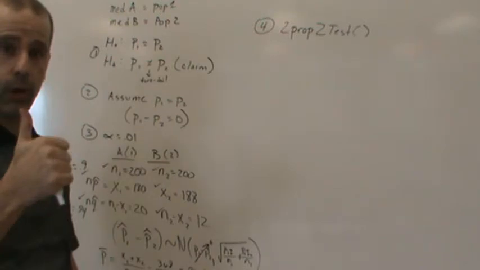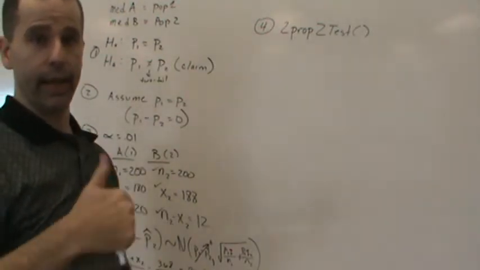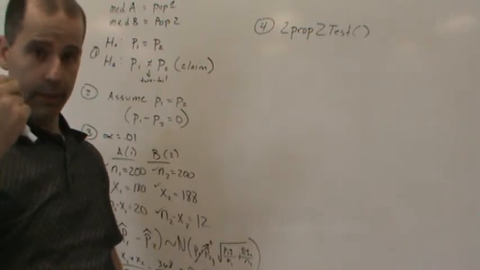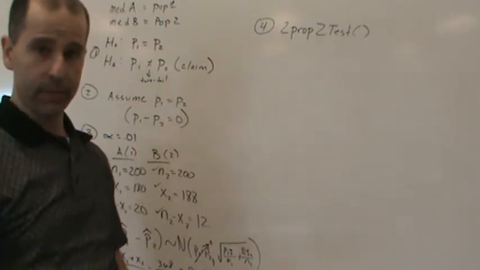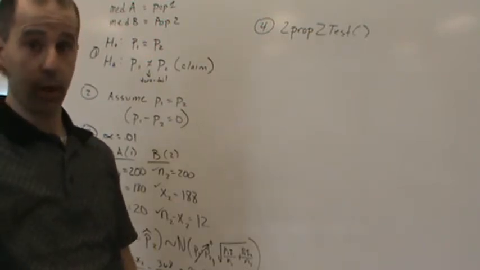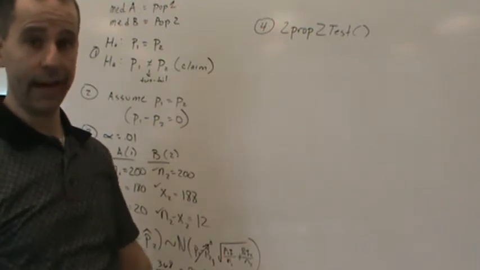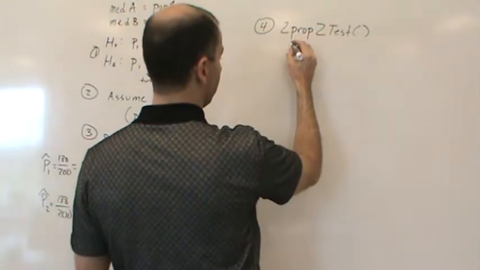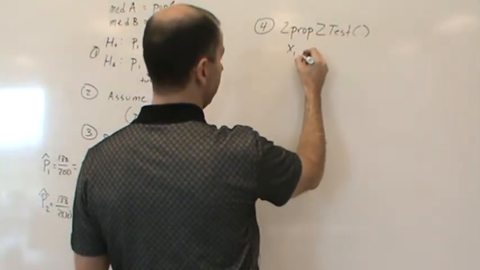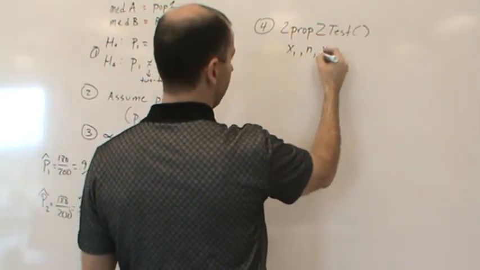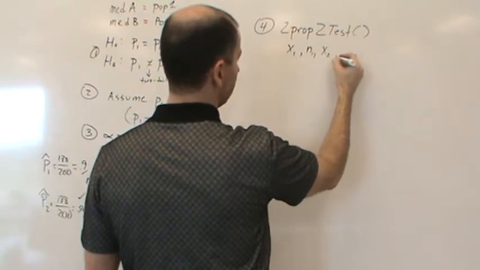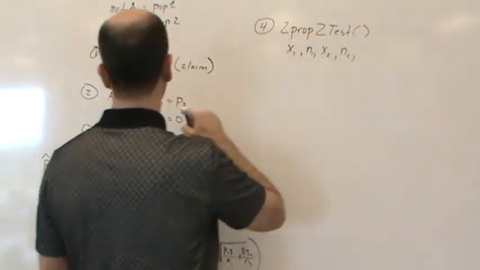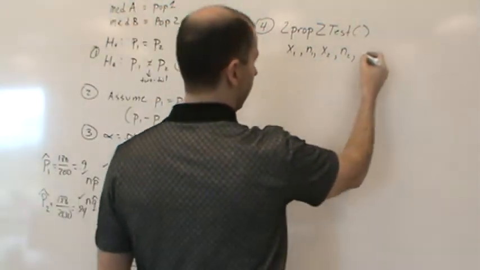It's going to ask you for x1, n1, x2, n2. It's going to ask you for the alternative hypothesis, and that's it. It'll do all the calculations with that information, okay? So again, all you're going to put in there is x1, n1, x2, n2, and then the alternative hypothesis, which is not equal to.